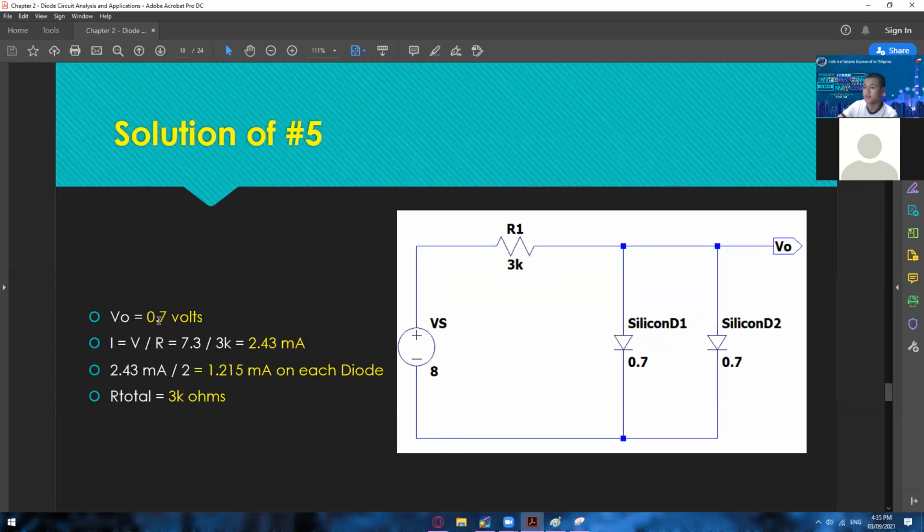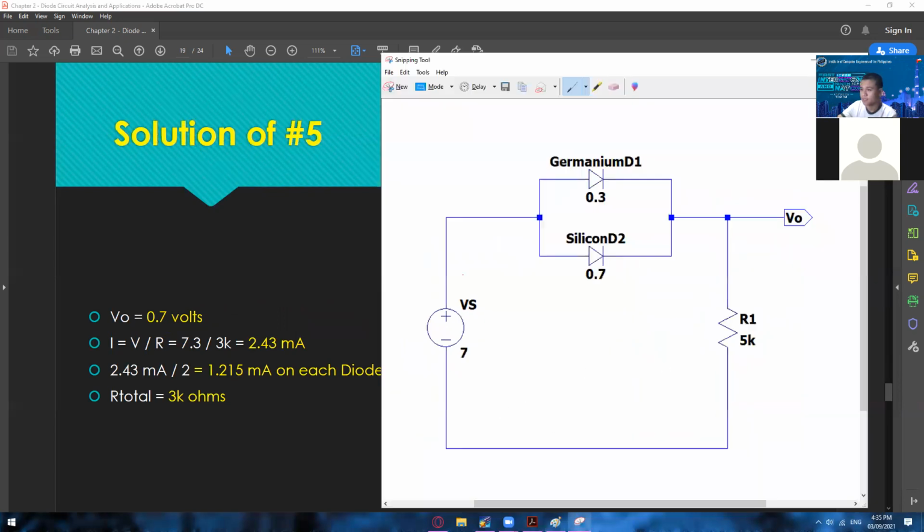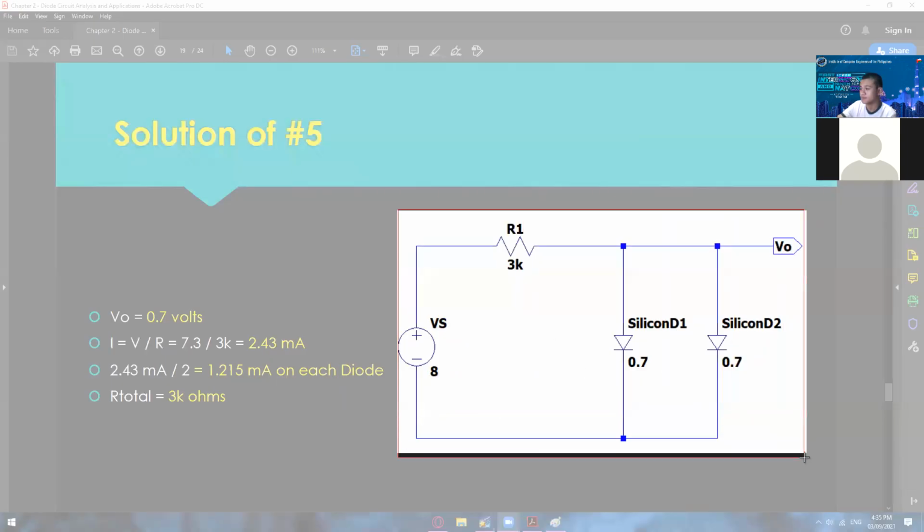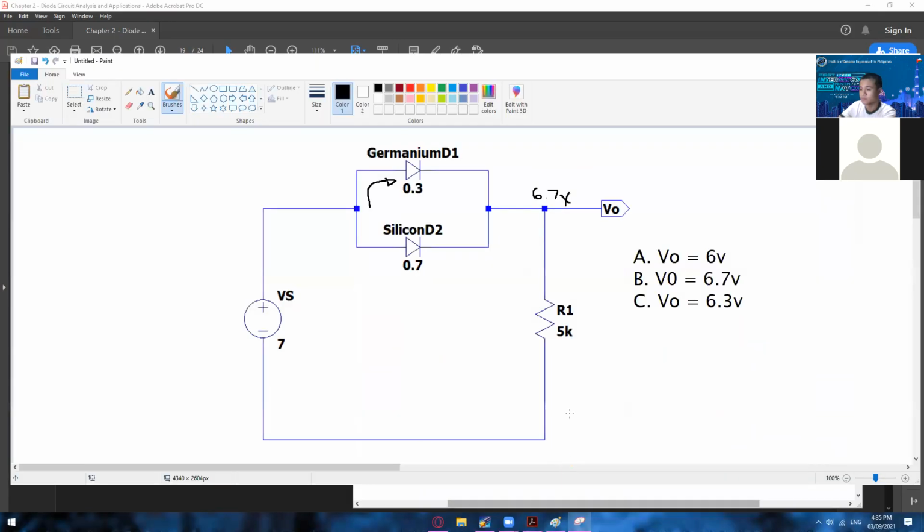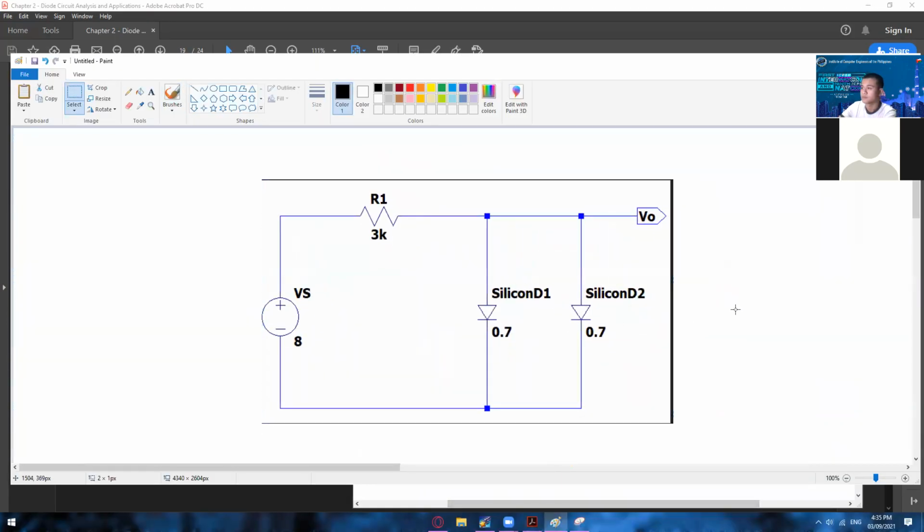As you guys can see right here, we have 0.7 volts as your VO. So how did this happen? If you take a look at this, up to this point we have this kind of flow of current. Some of the current will flow right here, and some will flow right here, and then it will go back to your voltage source.